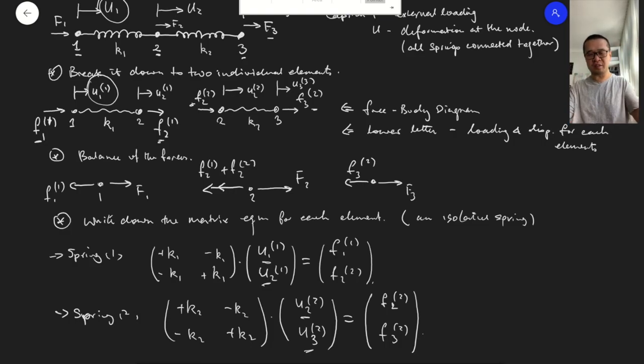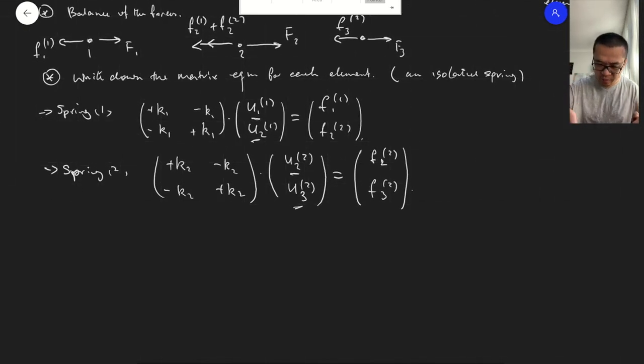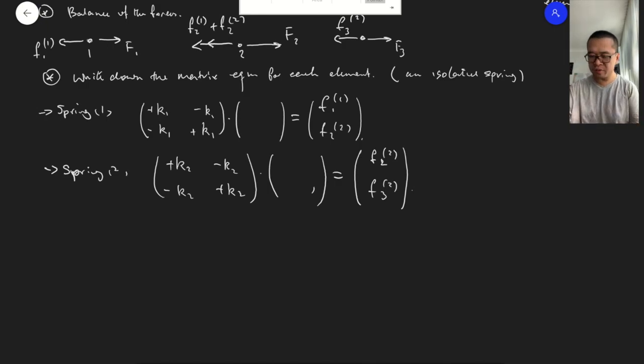The ruler doesn't change whether you break it down into individual parts or not. So that means I can rewrite this little u as the capital U: U1 goes here, U2 goes here, U2 goes here, and U3 goes here.